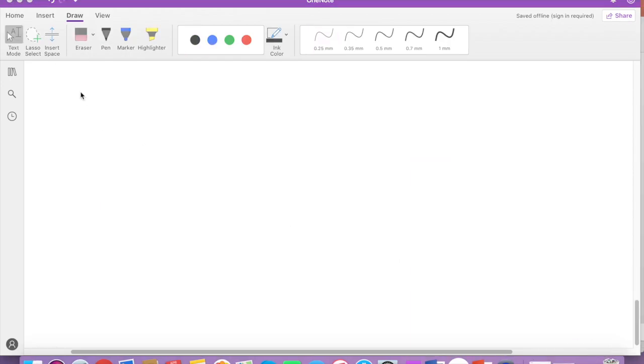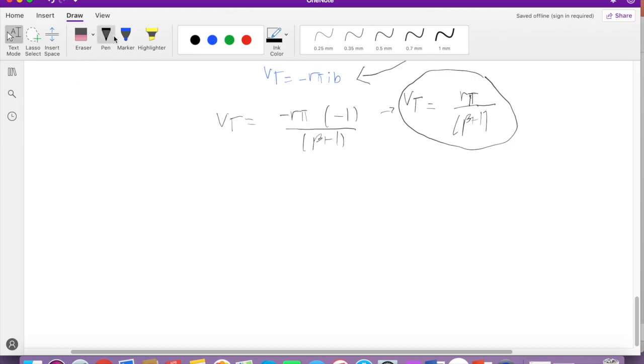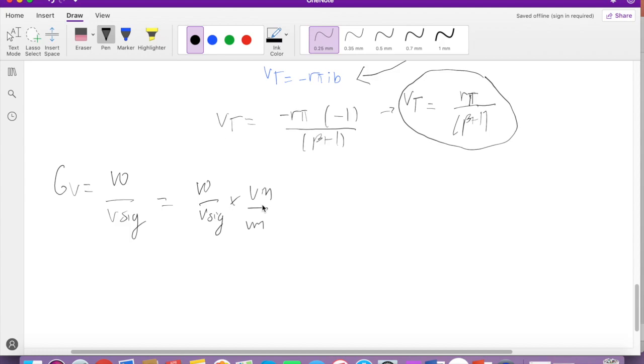Now to find the overall voltage gain, we'll just write it here, it equals V naught over V sig. Another way we can write this is V naught over V sig multiplied by V in over V in, since this is technically just multiplying by 1.